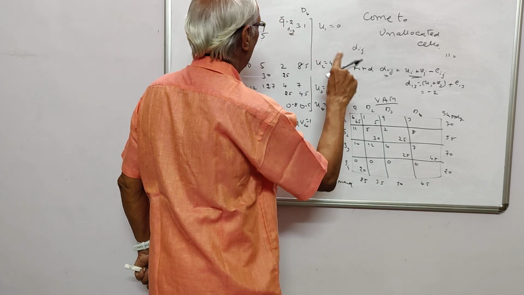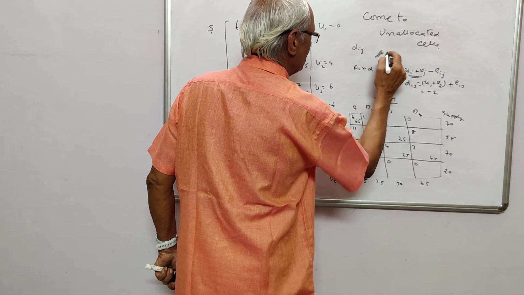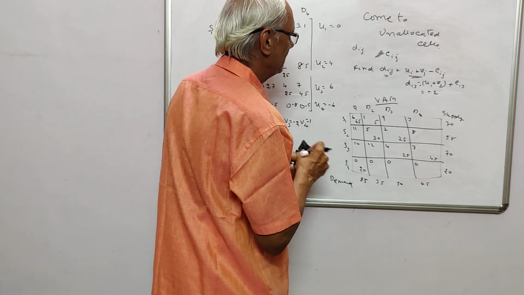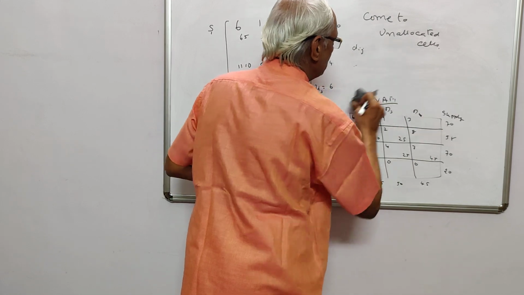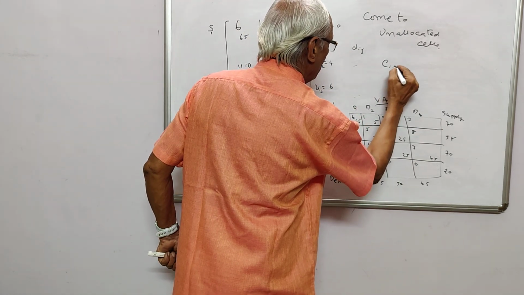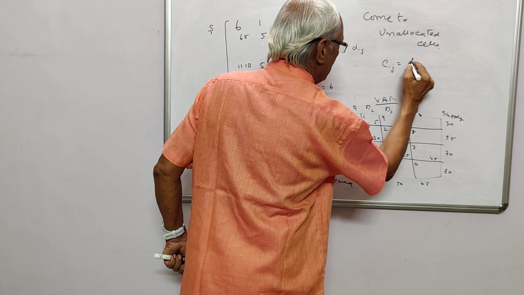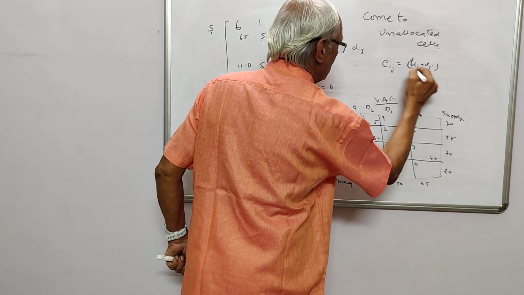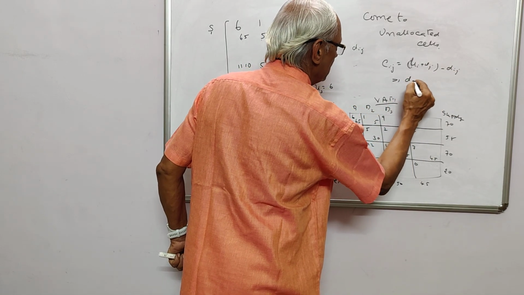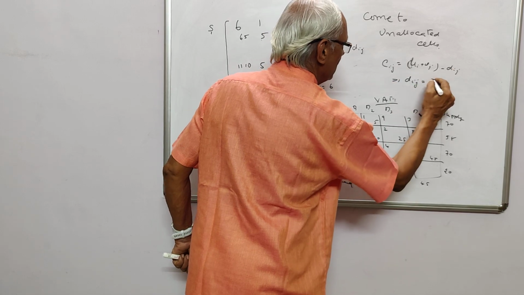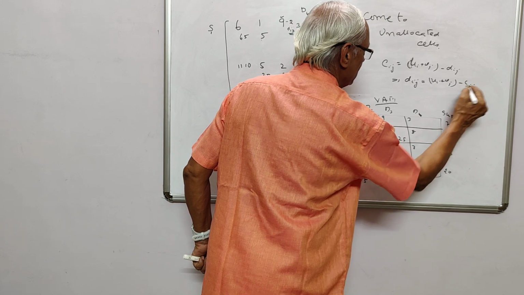I will tell you how you should get it. The formula is like this: Cij is equal to Ui plus Vj minus Dij. This implies Dij is equal to Ui plus Vj minus Cij.